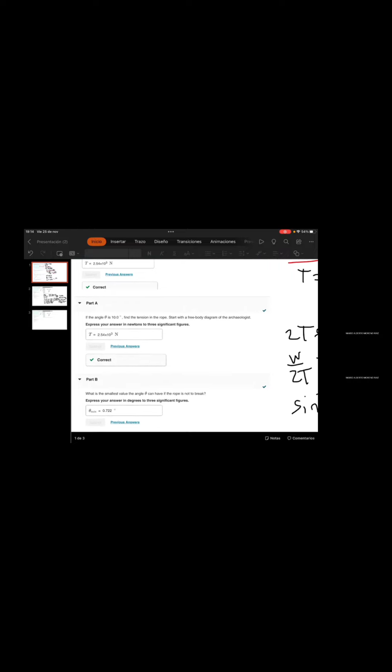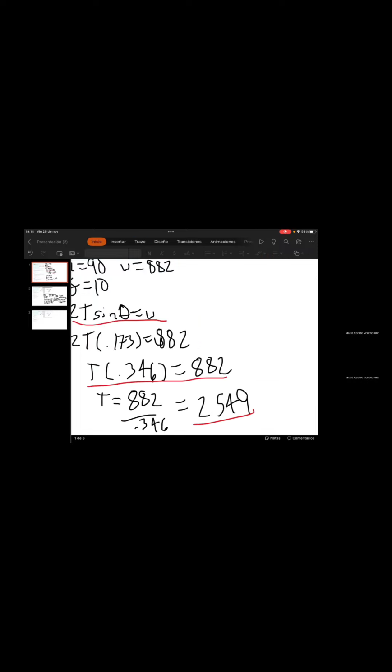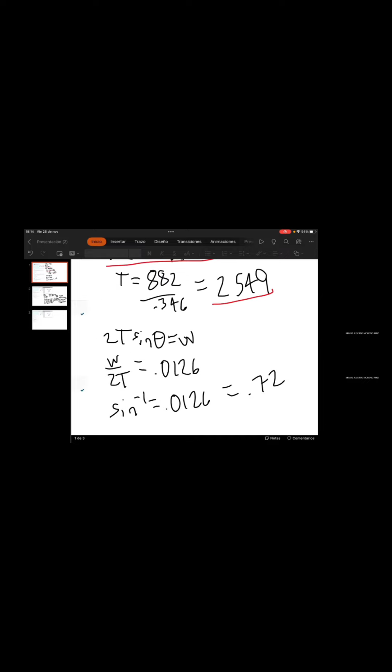And now part B asks us for the smallest value the angle can have if the rope is not to break. We are going to use the data that they gave us here, the tension if we exceed that, and we're going to use the same formula that is right here, but now we are going to solve for the angle.